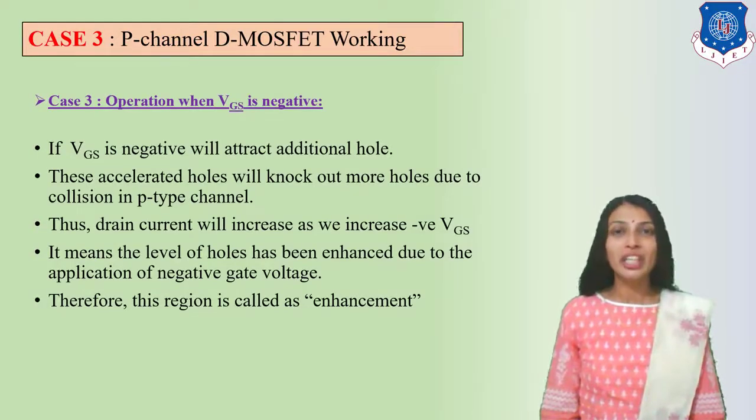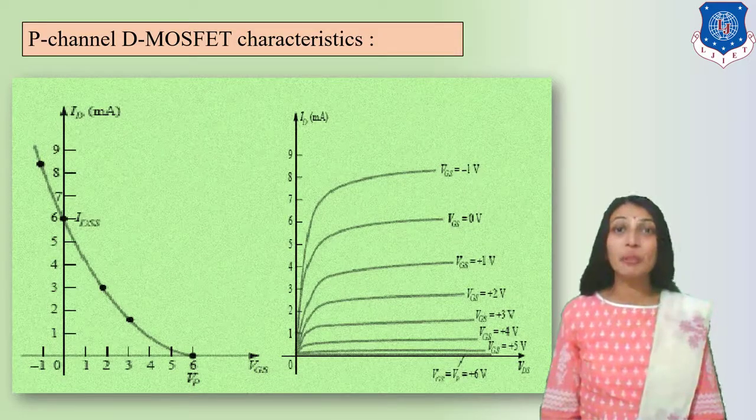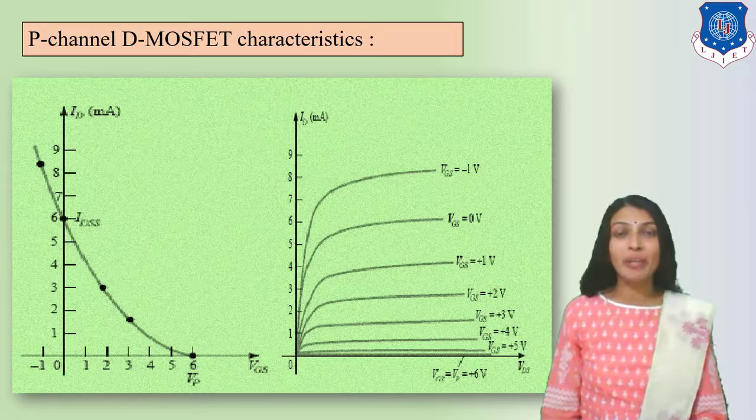So according to the working cases, we can draw the graph of voltage versus current. Look at this, it is the P channel D MOSFET characteristic. Always remember the MOSFET type, that is depletion type. So we are connecting the positive VGS here.